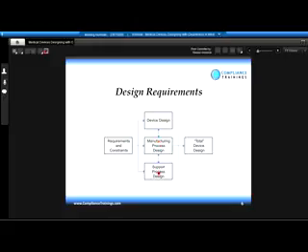You look at your user requirements, your user needs, but then also your constraints. You look at your device design, the manufacturing process design, as well as the support process design. So you're going to look at everything in the process, all the requirements and constraints that are produced by that.